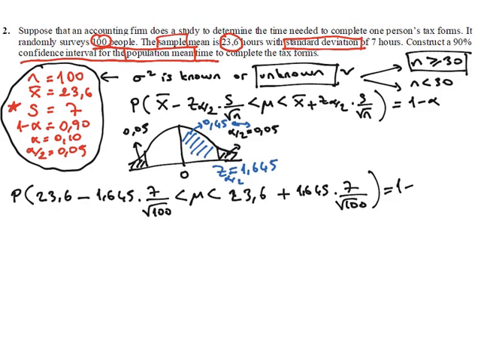What is 1 minus alpha? It's actually 0.90. So if I solve this question, the solution is this.